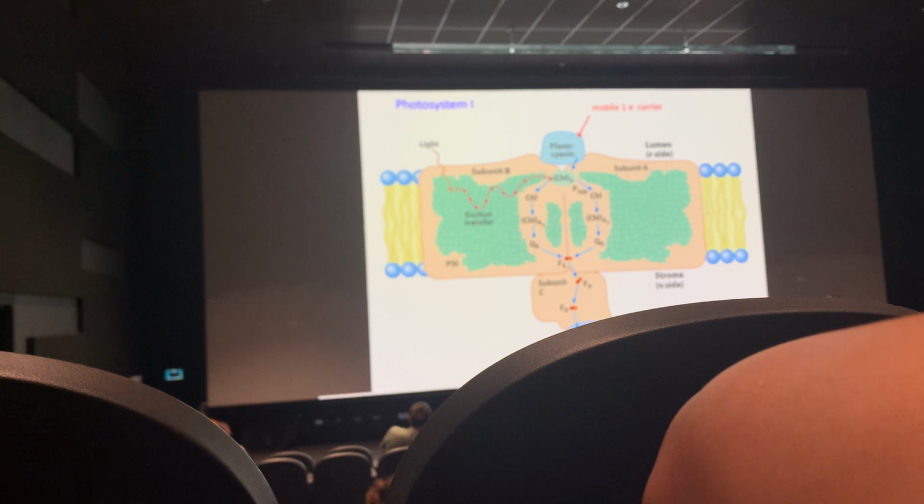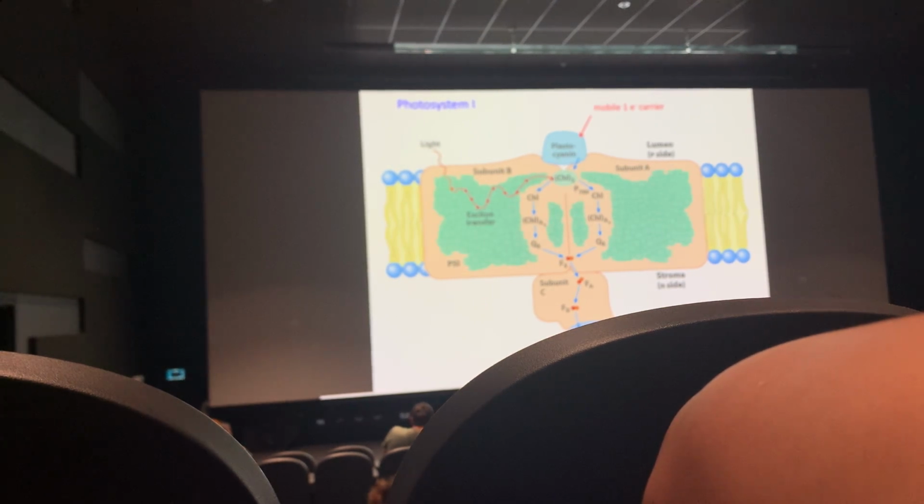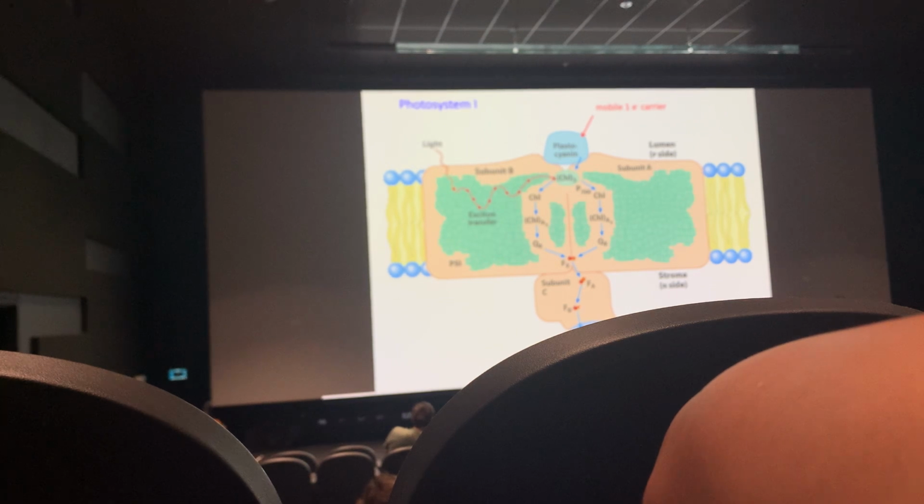An electron gets popped to a higher energy level, the chlorophyll dimer says, I need another electron. That electron has one of two paths it can go, but it winds up going through some iron-sulfur proteins that are part of Fa, Fb. It winds up going to ferredoxin.